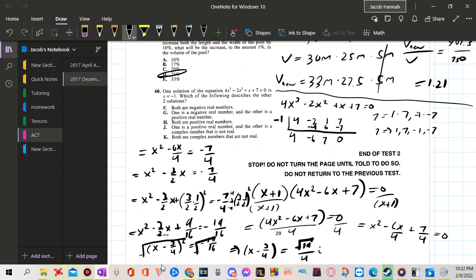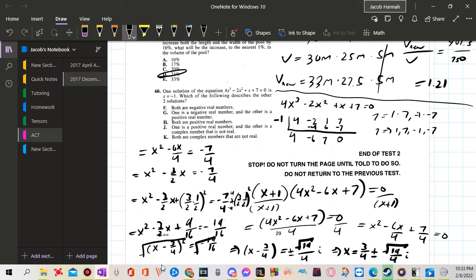And the square root of a negative number is going to give you i. So that's going to be plus or minus. So when you add 3/4 to both sides, it's going to be x equals 3/4 plus or minus square root of 19 over 4i.